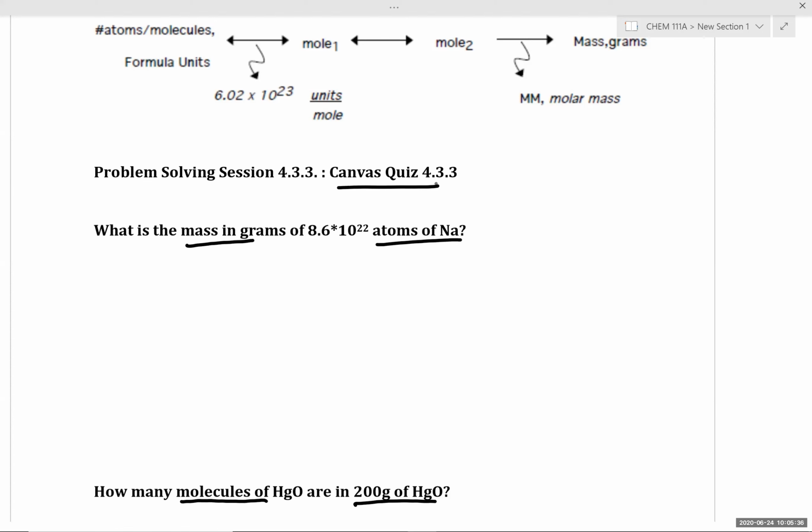And thank you for providing your responses via Canvas and in the chat. And we'll discuss this example momentarily.